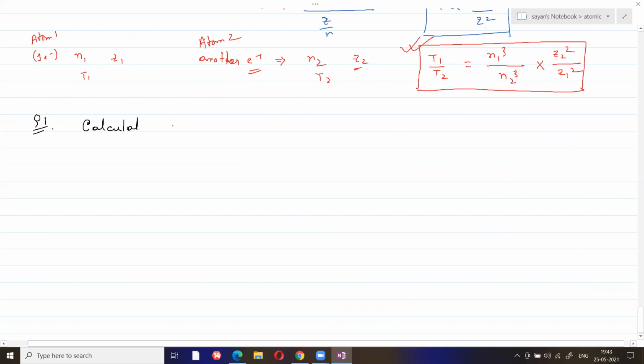Calculate T1 is to T2 for lithium 2 plus ion, where the shell number n is 3, and beryllium 3 plus ion, where the shell number is 2. Calculate T1 and T2 quickly, solve it.